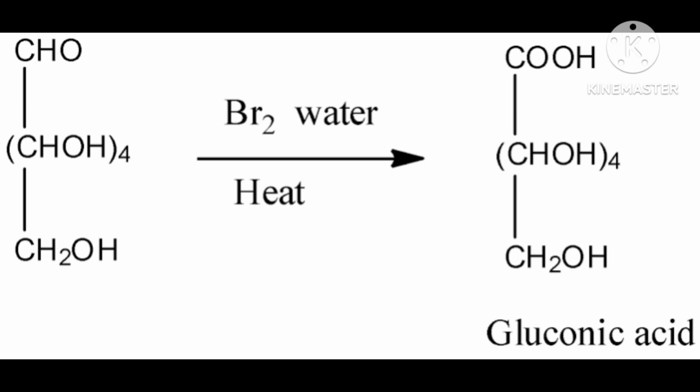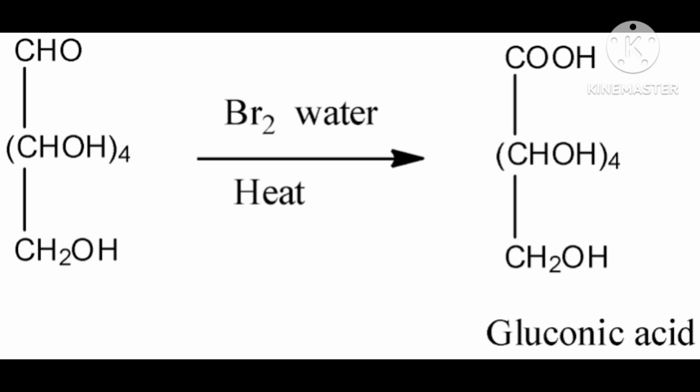There also the position of the OH groups is the same as in the first representation. In the third, the middle is again the same, only the last carbon CH2OH became COOH. This is called saccharic acid.